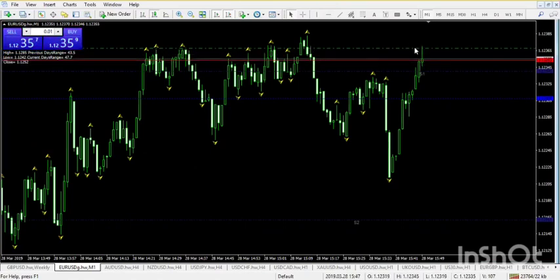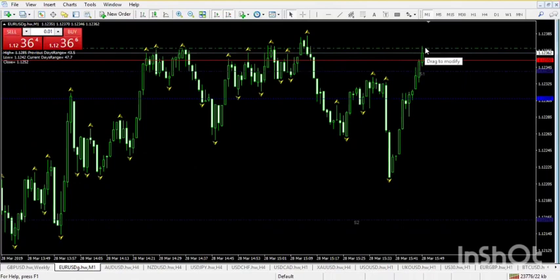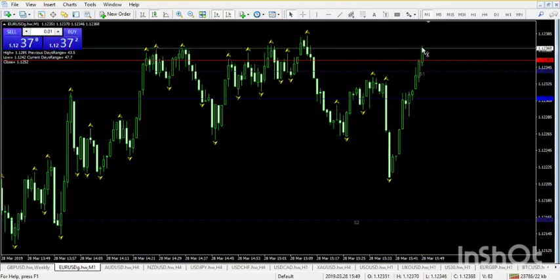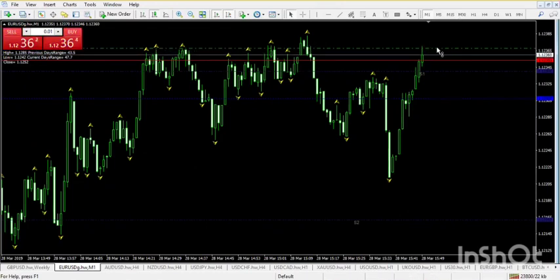It's hitting your price. You see, the buy order that I have opened here is from the past, but don't start buying suddenly, because you have to wait for this area to be broken. When that happens, you can start buying then. But don't rush into anything.